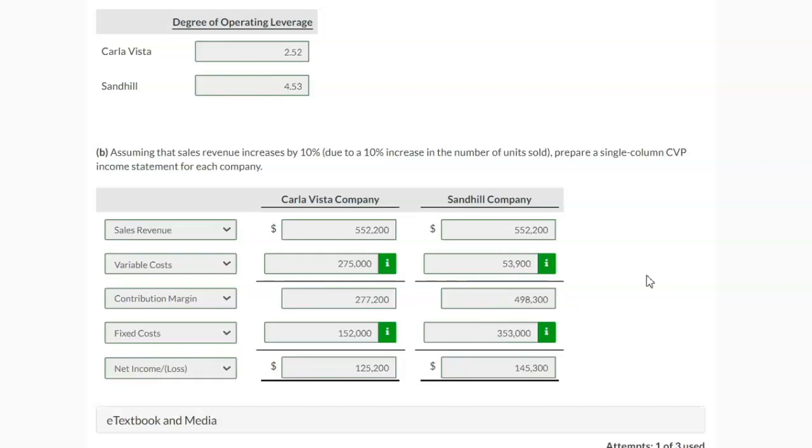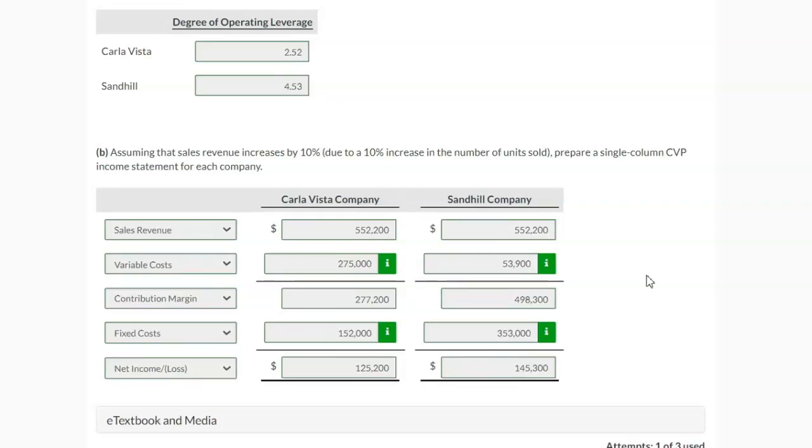Now for Sandhill, their leverage is 4.53. So if their sales go up 10%, their profit is going to go up 10 times 4.53, or 45%. And look what happened. Their profit went from 100,000 to 145,000. Now, is everybody paying attention?